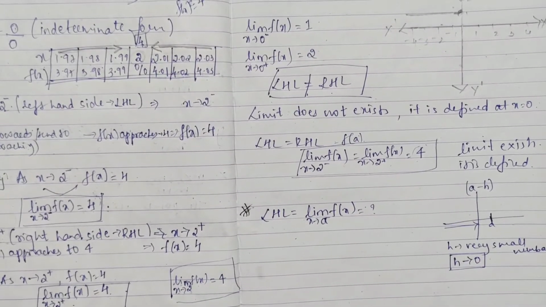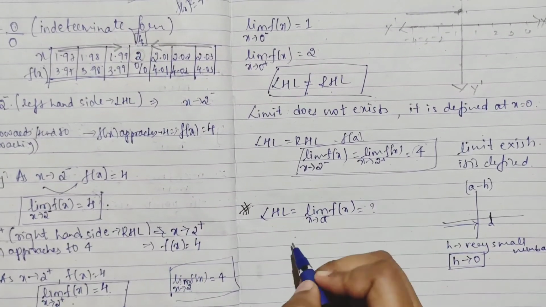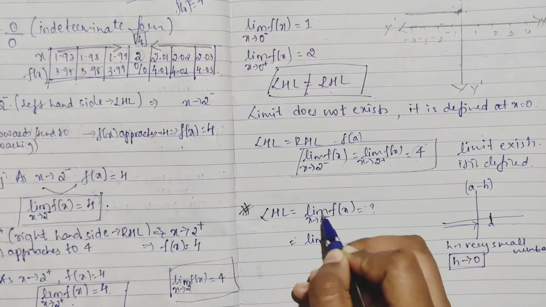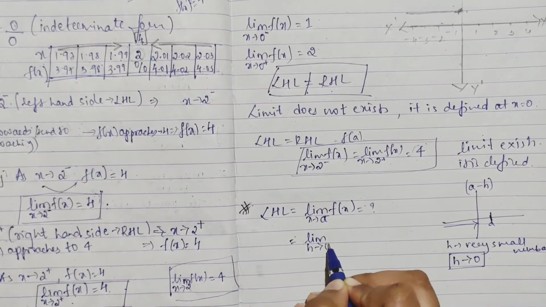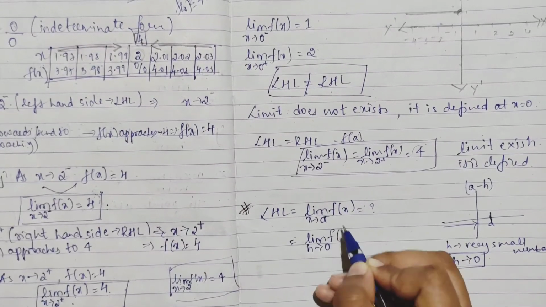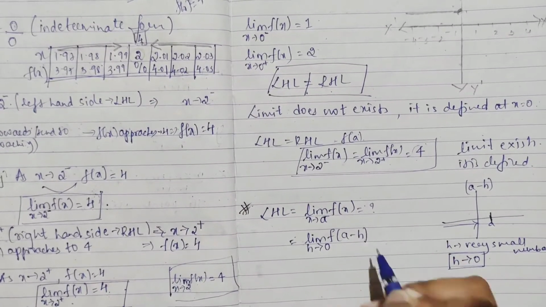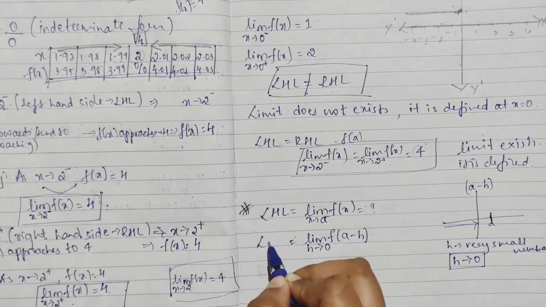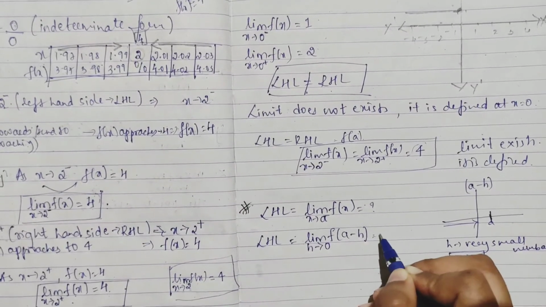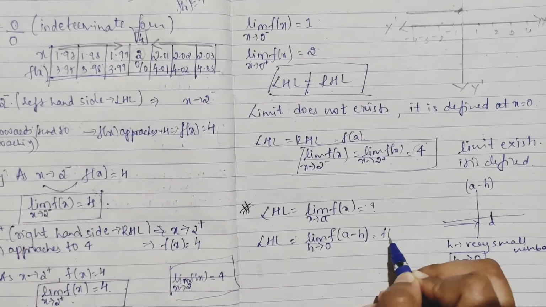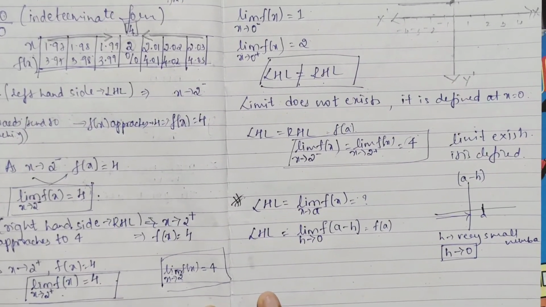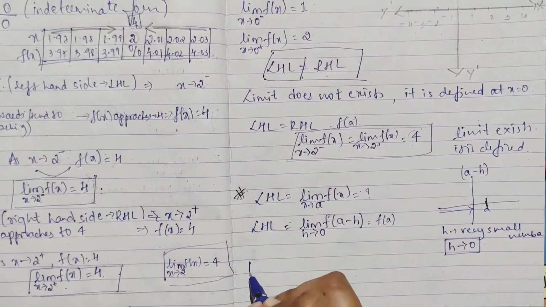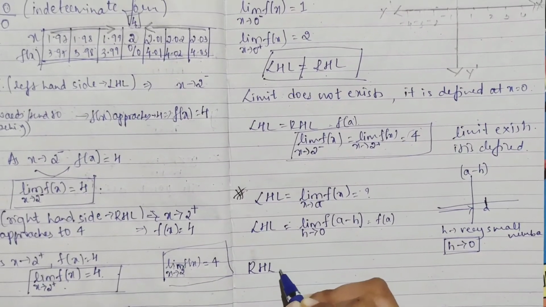So whenever you are finding LHL, x tending to a changes to h tending to 0, and x is replaced by a minus h. You will get the value like this. Whenever you are finding the left hand limit and the right hand limit, you go in such a way.